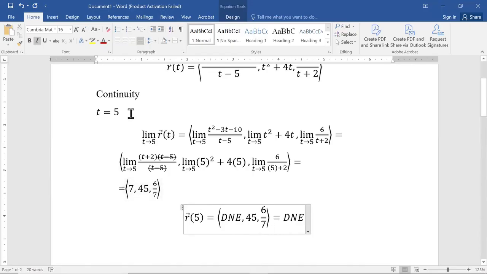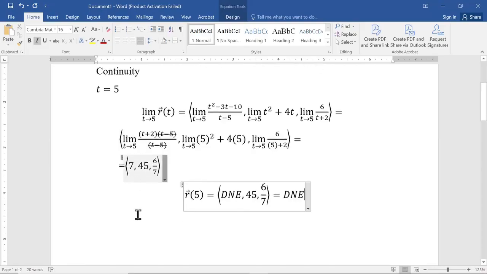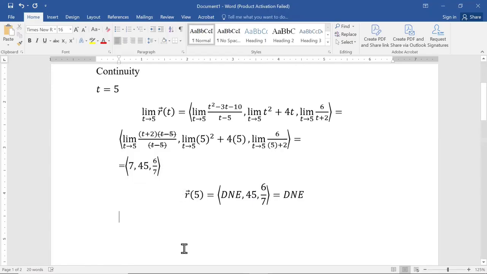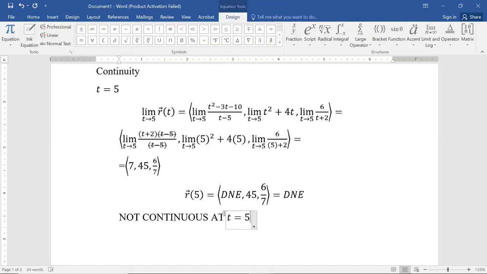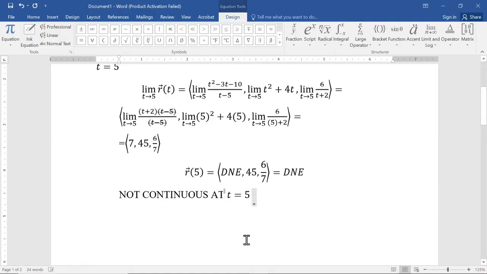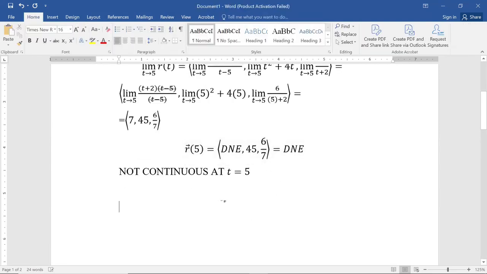That means that this function is not continuous at 5. So that's all we're doing. So not continuous at 5 because this was not equal to that.